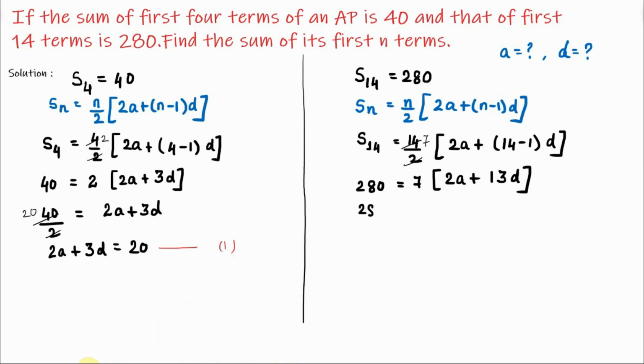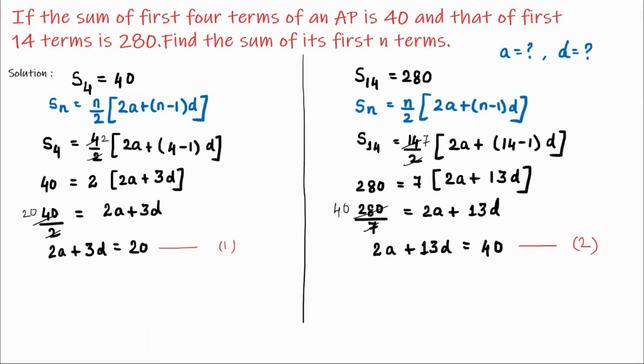In the next equation, we get 280 by 7 equals 2a plus 13d. Now 7 times 40 is 280. So we got the second equation as 2a plus 13d equals 40.